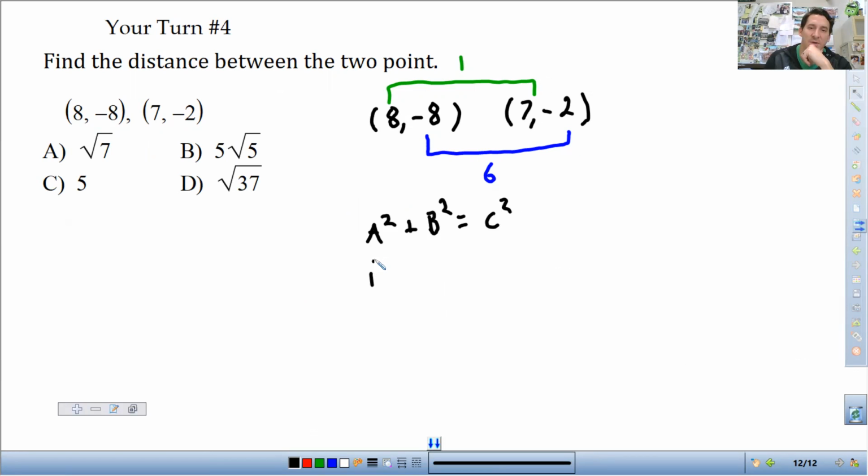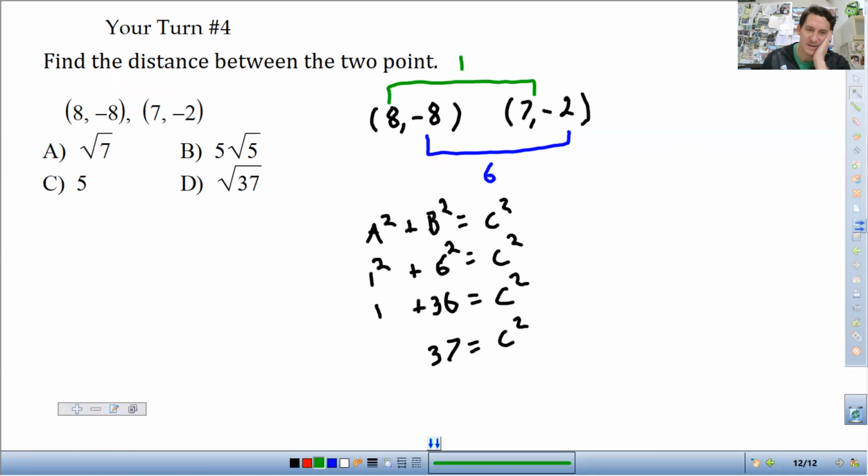So A is 1, B is 6. We'll just leave C as C. 1 squared is 1, 6 squared is 36. C squared is 1 plus 36, which is 37.